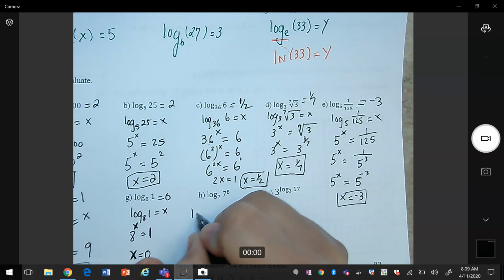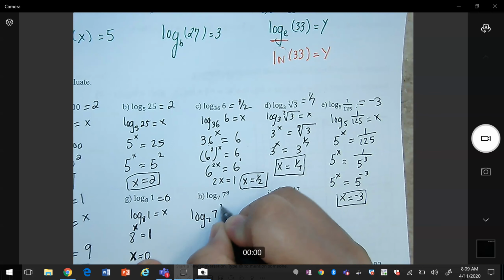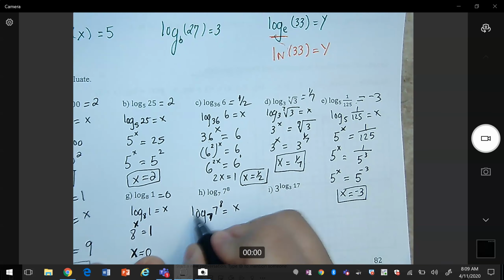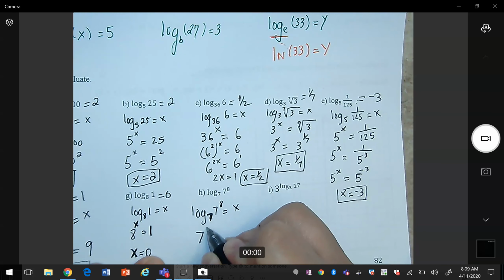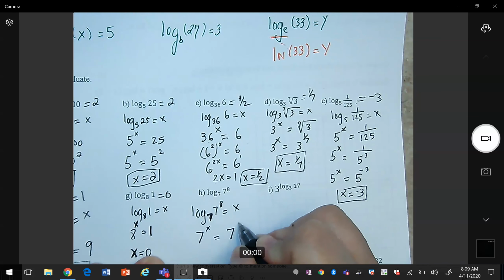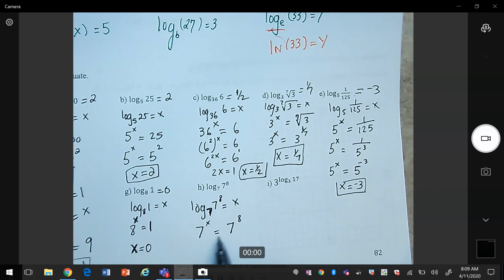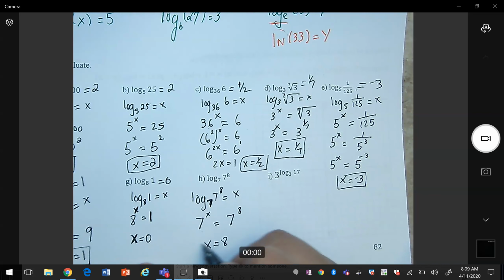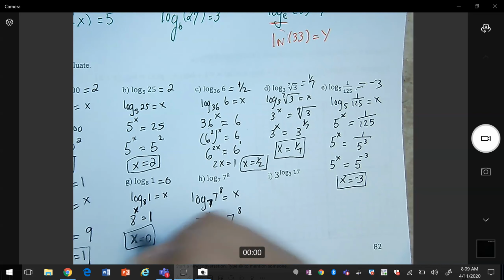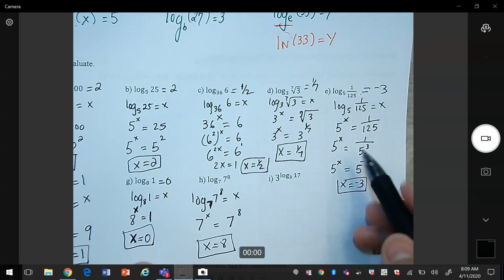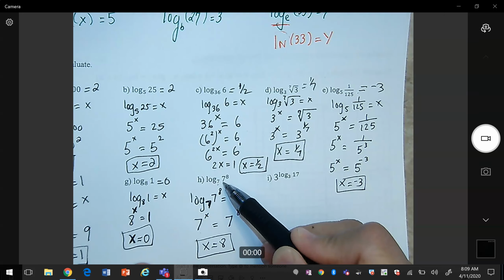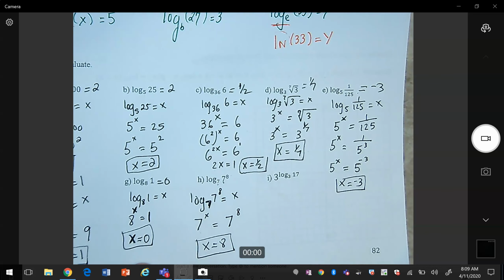And then on the next one we have log base 7 of 7 to the 8 is equal to some number, x. So if I change this to exponential, my base is 7. So here you can see the bases are the same. So x is going to be equal to 8. Okay. So notice that the base and this number, which is then raised to another number, are the same, 7, 7.